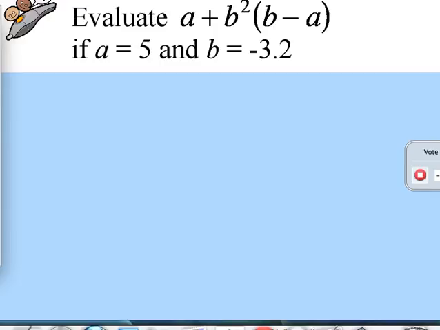I did mine wrong. I think I put a comma instead of a decimal. Is that right?